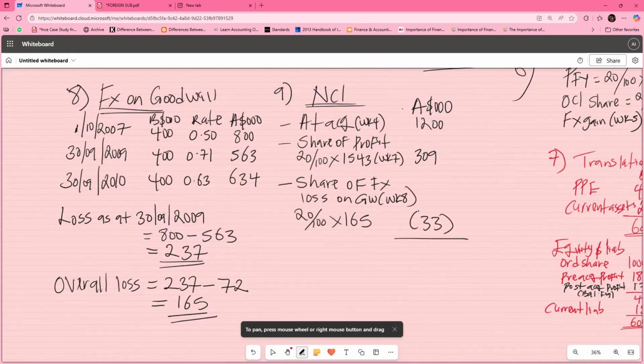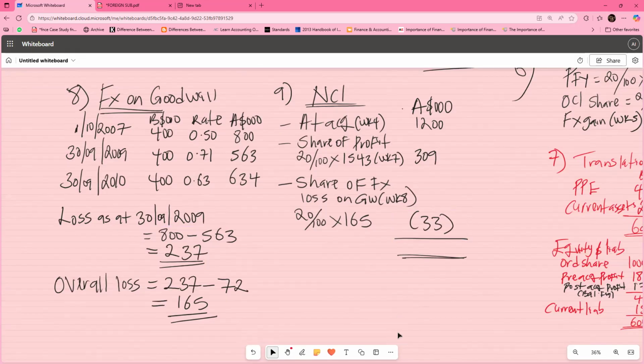So let me explain this thing again. The first thing that you need to try as much as possible to do is determine the overall loss or gain from inception. When we acquire, thank God that there's no impairment on this question.